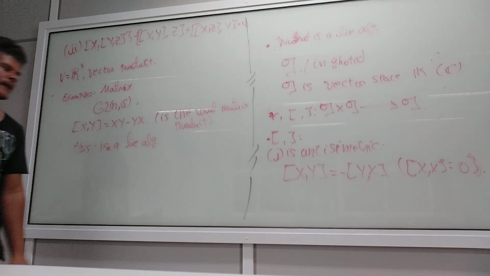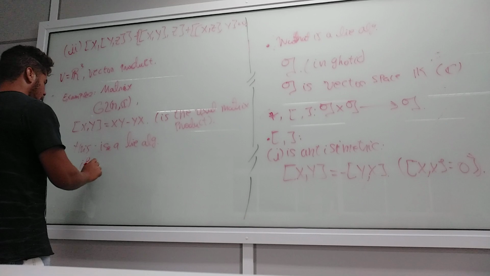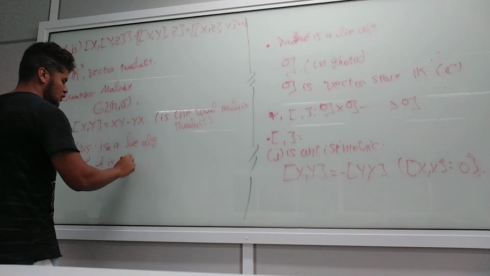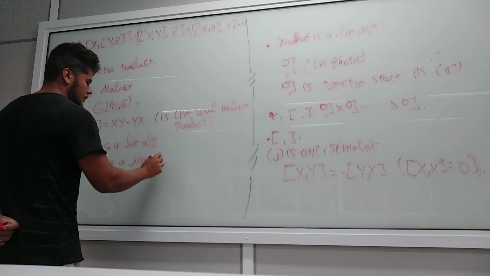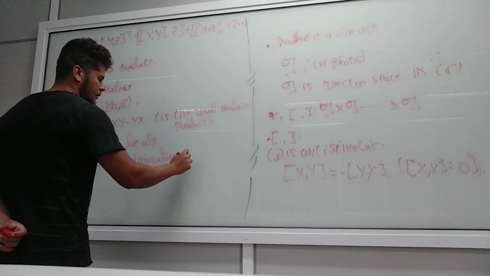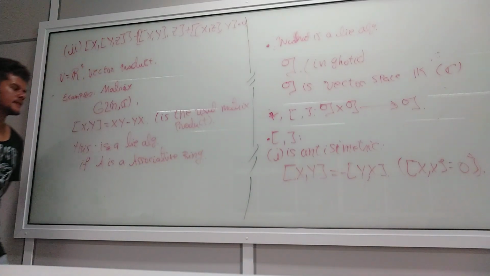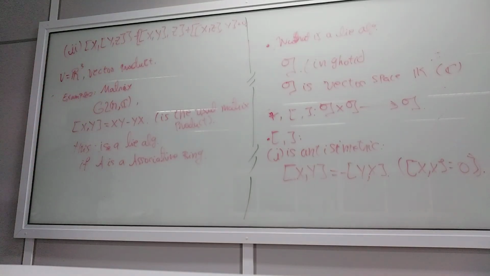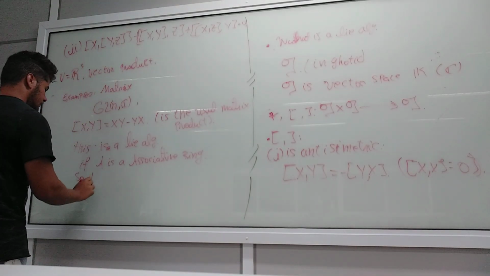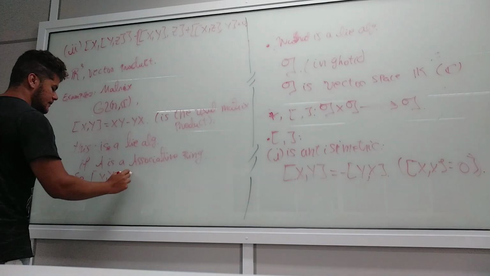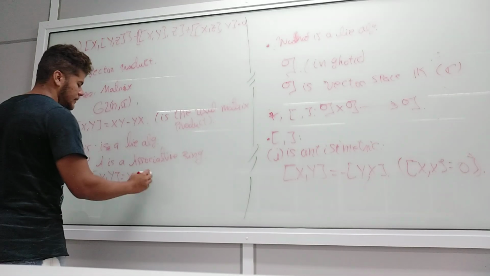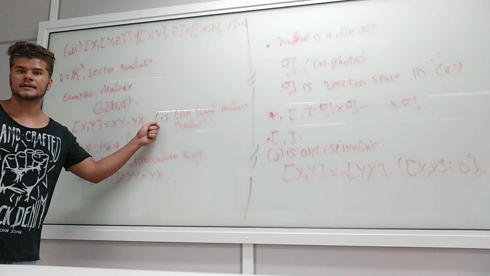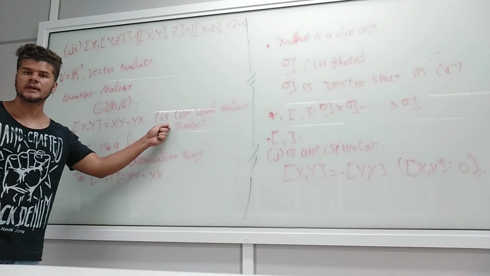And in the general case, if A is an associative ring, that is, the multiplication in this ring is associative, then defining the Lie bracket as x times y minus y times x, we have similar results as in the matrix world.